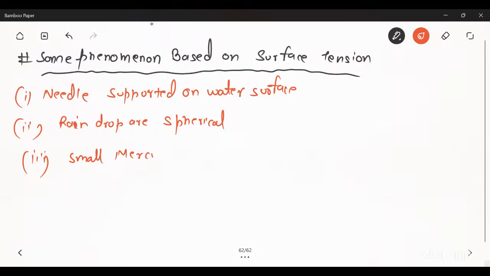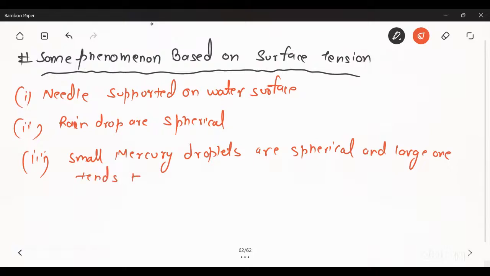Third one, small mercury droplets are spherical, and large ones tend to flatten.